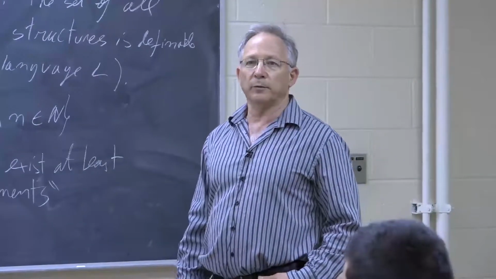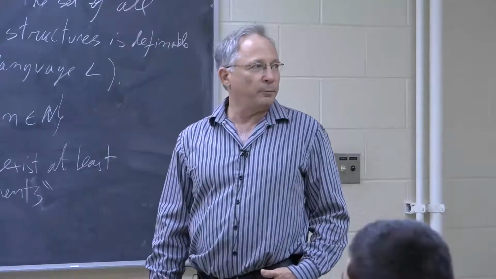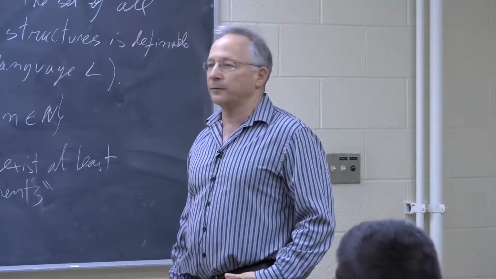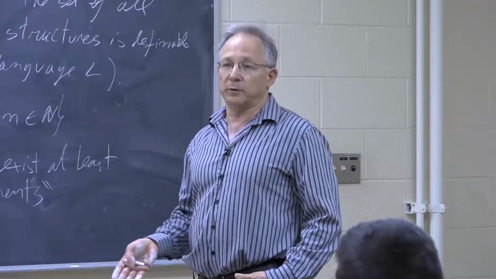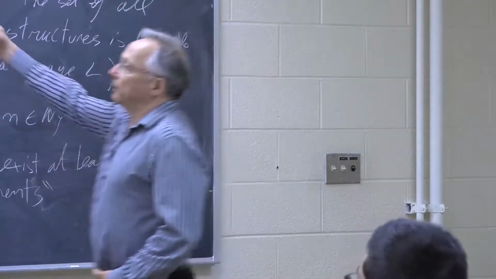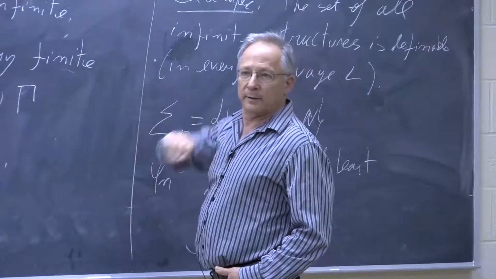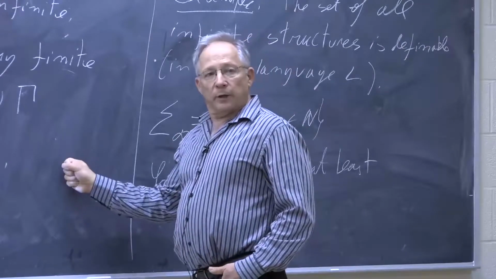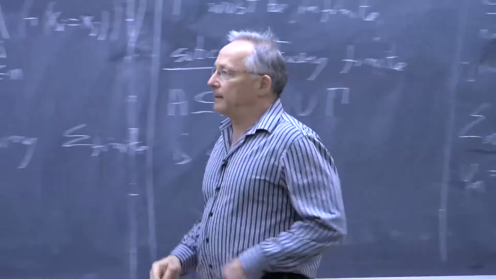That will lead to a contradiction, because by compactness, if every finite subset is satisfiable, the whole set should be satisfiable. But we know that the whole set is not satisfiable. So how do I show that every finite subset is satisfiable?